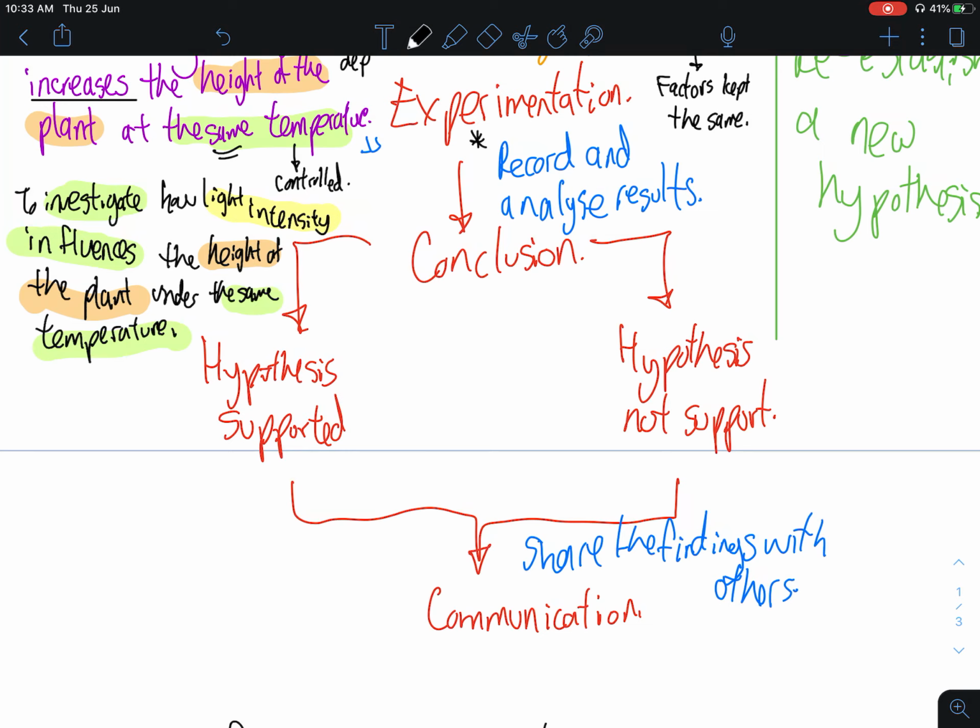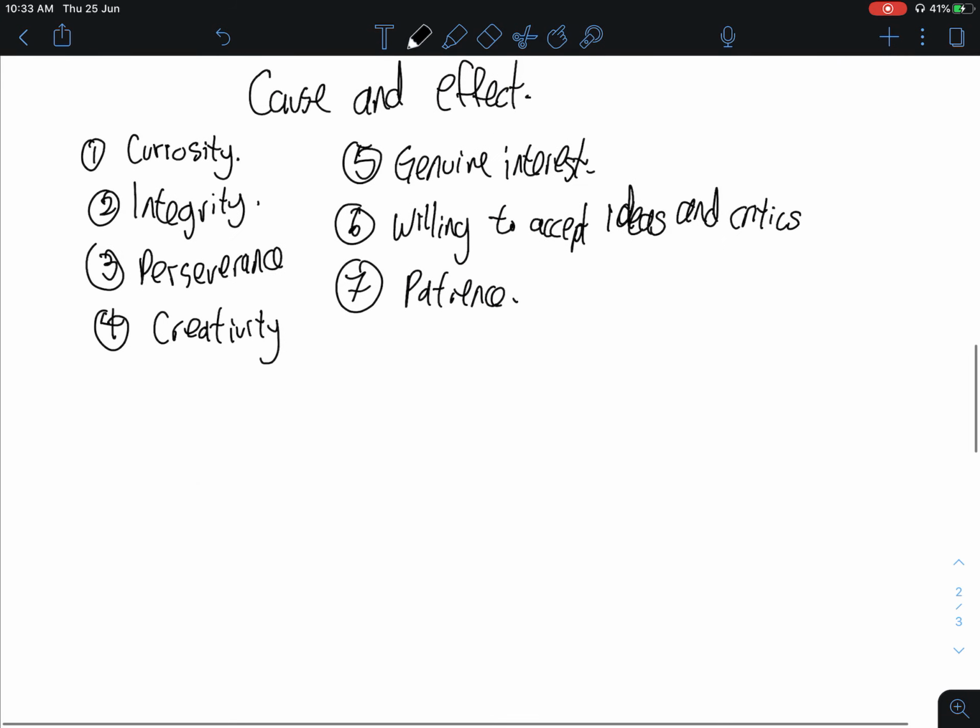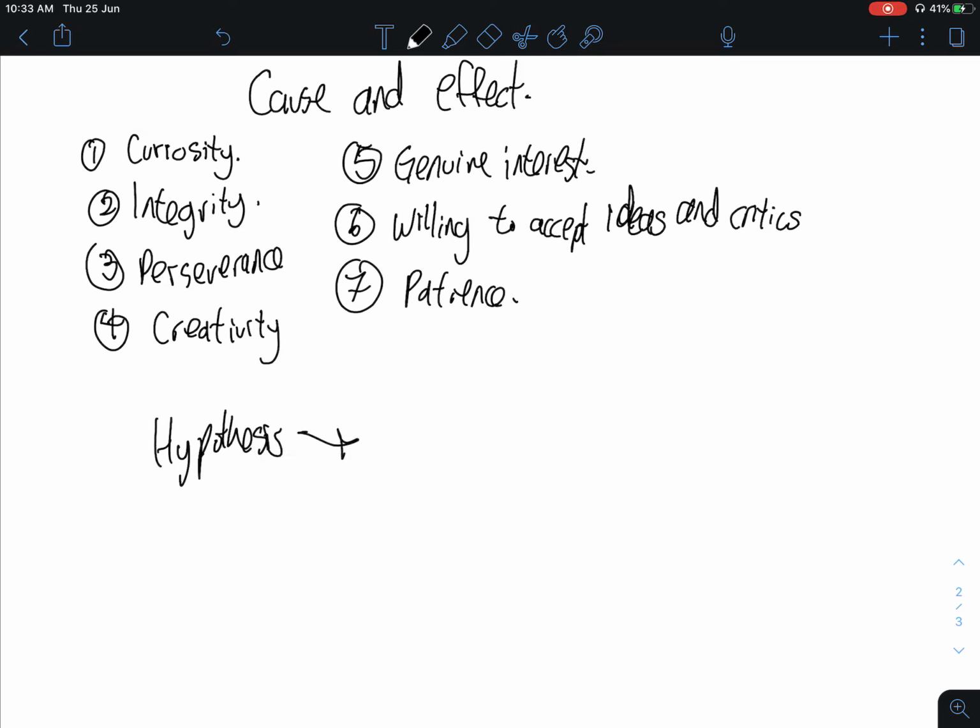So once a hypothesis is supported by many other investigations, that means student A does it, gets the same results, student B does it, gets the same results, then from a hypothesis it will be able to establish into a theory, and from a theory it will come out as a fact.